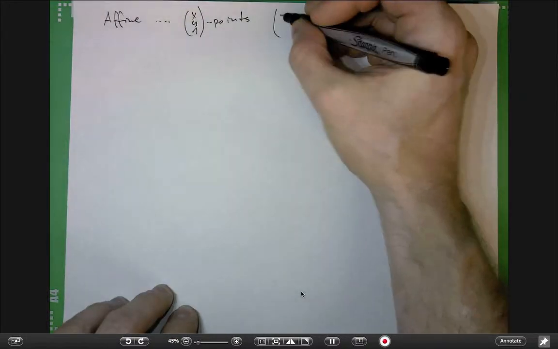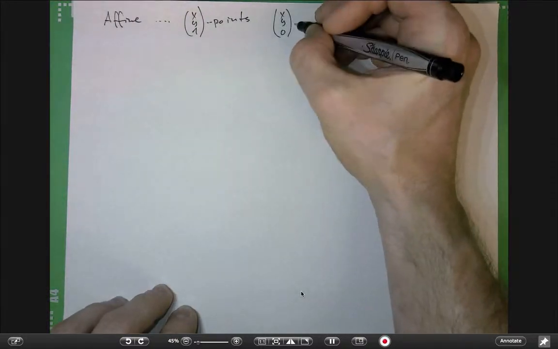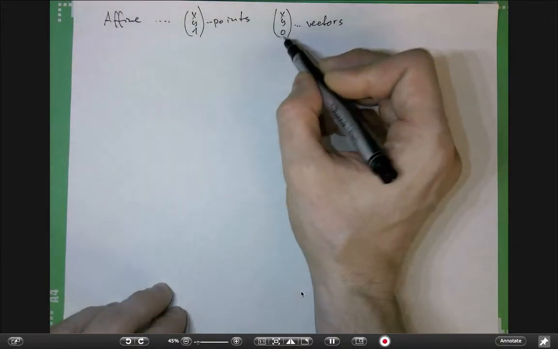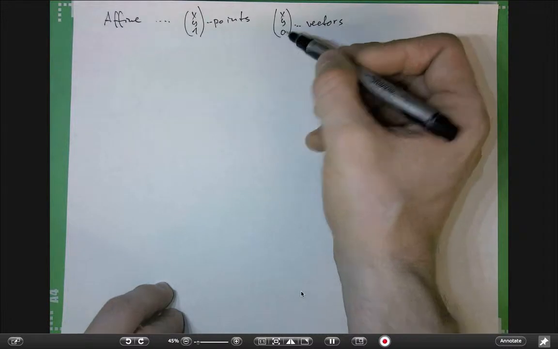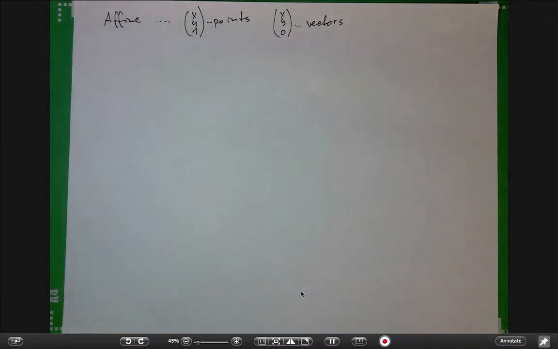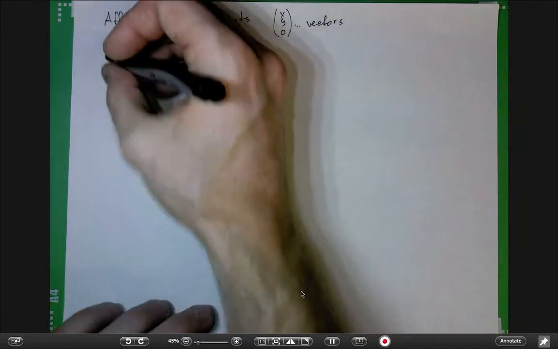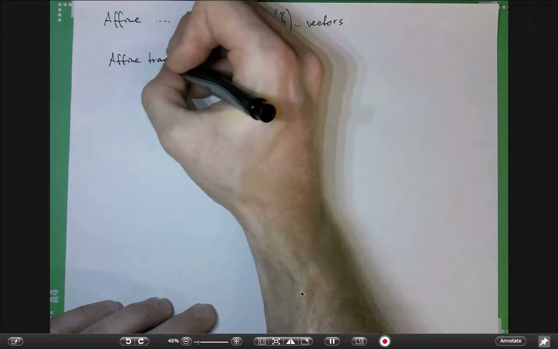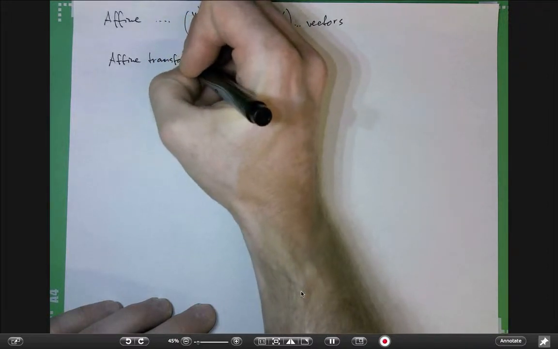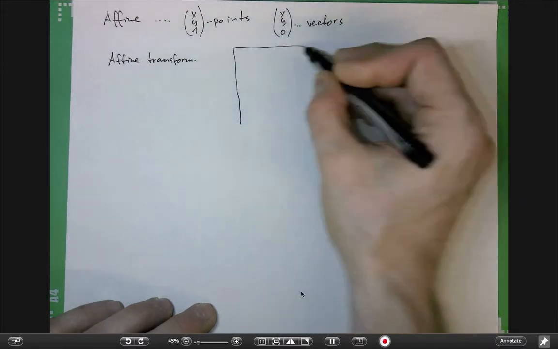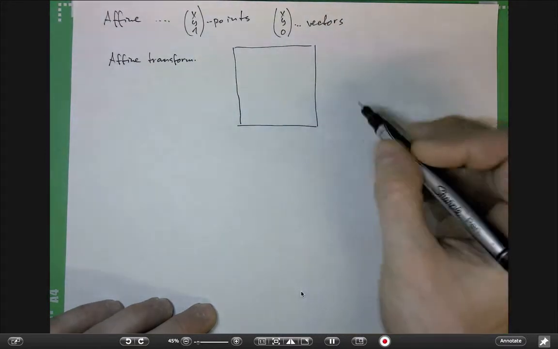That was the projective plane. I don't want to repeat the whole thing again, but vectors you can represent in homogeneous coordinates like this with 0. And they are not points. Points have to have their 1. Yeah, we have been through that. So then an affine transformation always has this structure. If I have an affine transform in homogeneous coordinates, I always write it in this block structure.